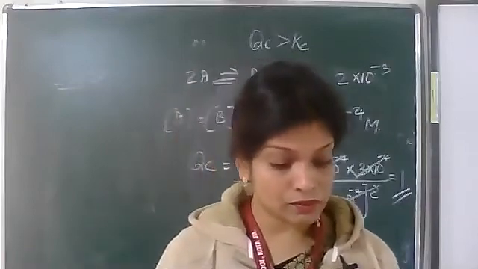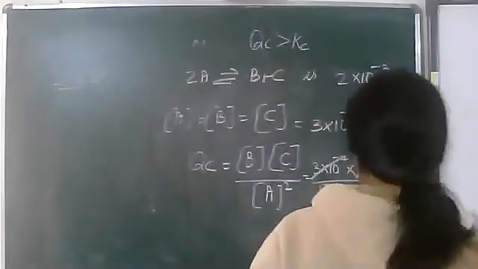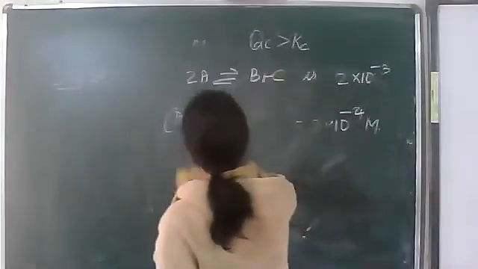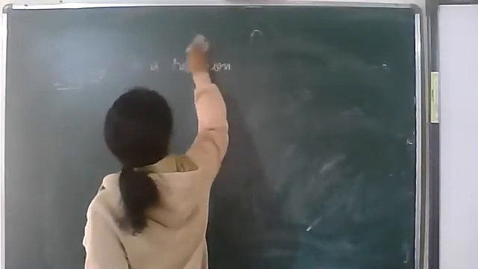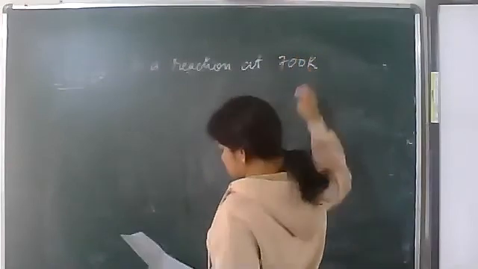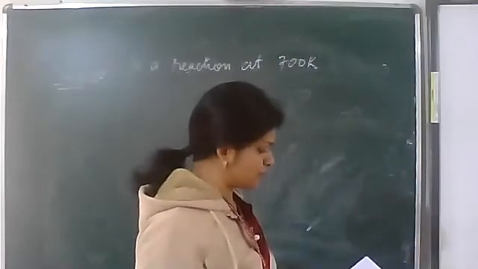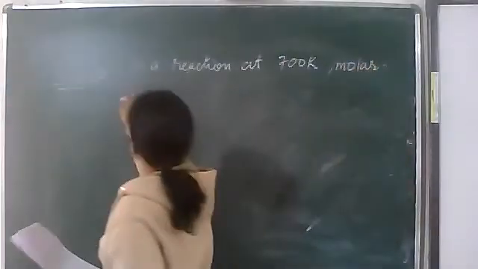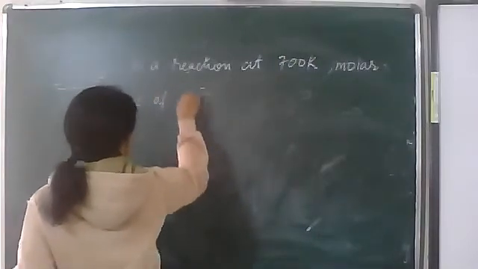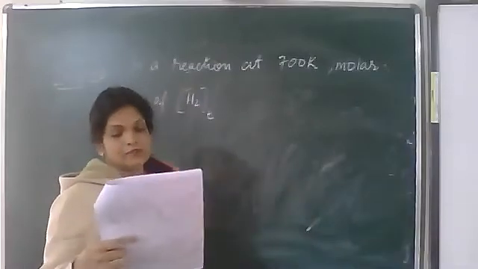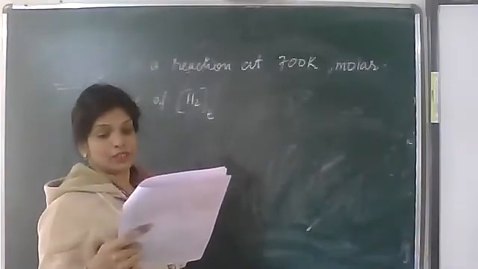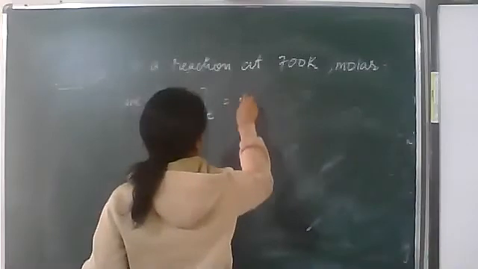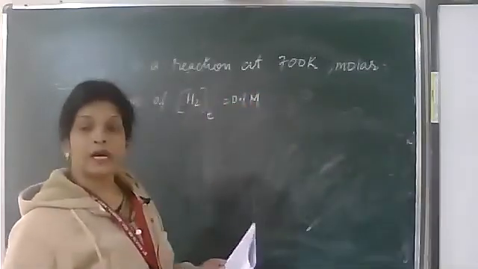The third one is one more question. Write: In a reaction at 700 Kelvin, at any time t, the molar concentration of H2 is 0.1 molar, I2 is 0.2 molar, and that of HI is 0.4 molar.